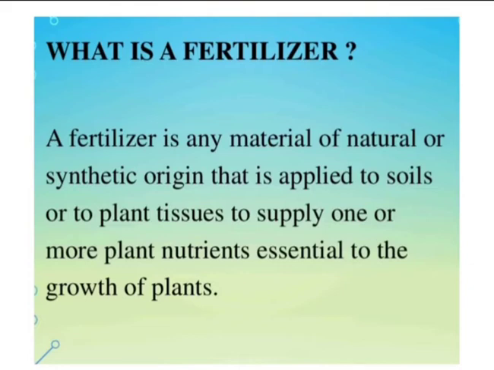And these fertilizers are supplied to soils or to the plant tissues to supply one or more plant nutrients essential to the growth of the plant. So this is the definition of fertilizer. A fertilizer is any material of natural or synthetic origin that is applied to soils or to the plant tissues to supply one or more plant nutrients essential to the growth of the plants.